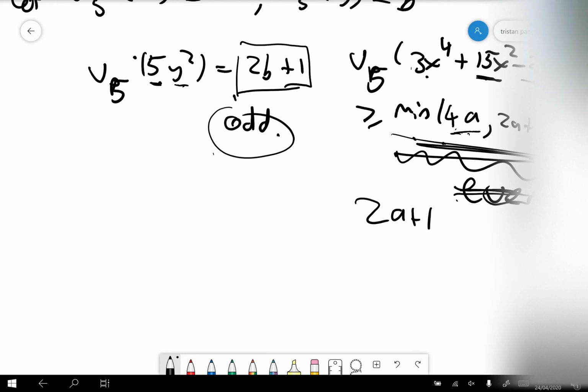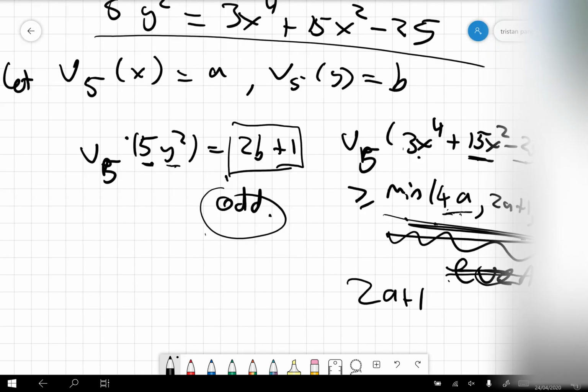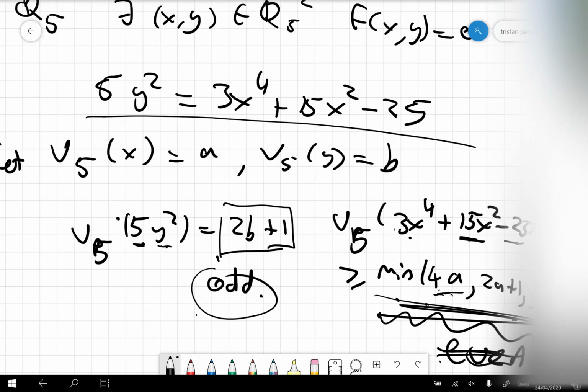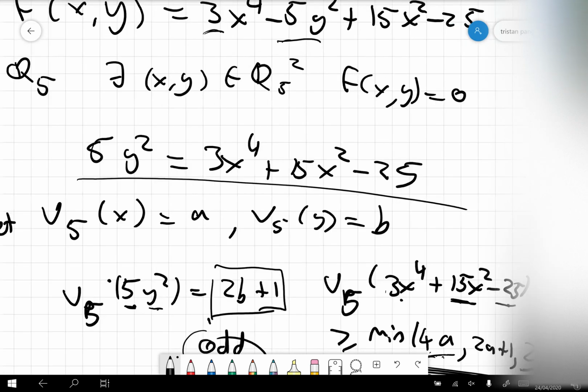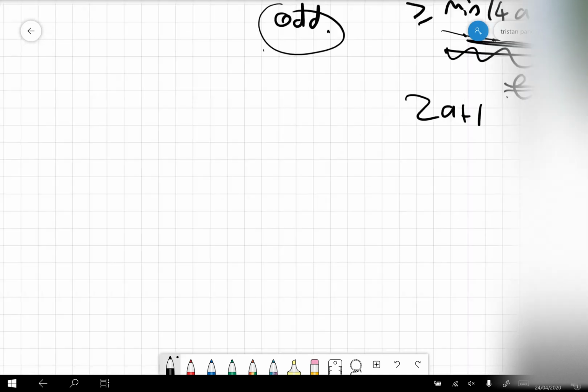But you get a contradiction if you consider the different values of a, and that means that this polynomial f of x comma y never has a solution inside the 5-adics, and that means it never has a solution in the rationals.